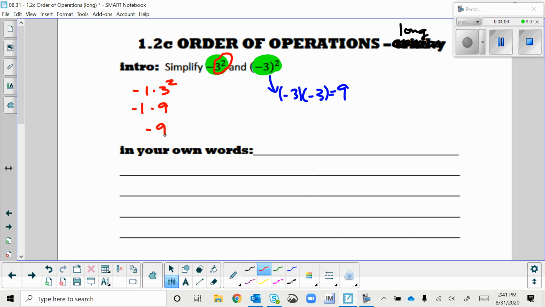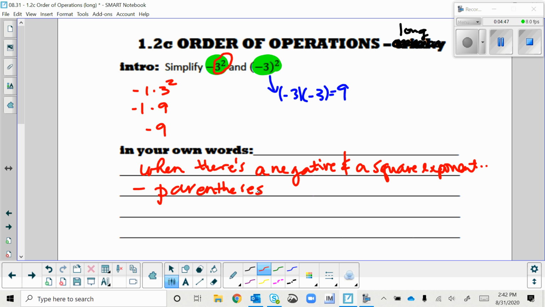All right, the reason why I asked you to explain it in your own words is so that it would sink into your memory better about why these 2 situations are different. And basically what's going on here is, when there's a negative and a square exponent, two situations come up.